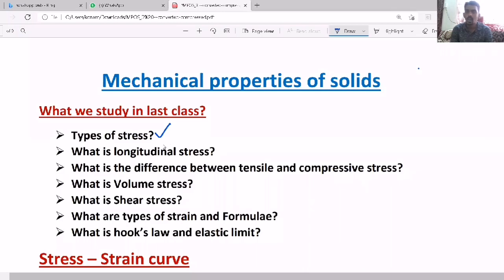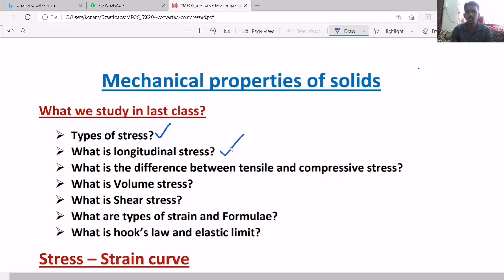But both are nothing but longitudinal stress, which causes change in length, and the corresponding strain is also there. So the three types of stress are longitudinal stress, volume stress and shear stress, and longitudinal is again two types, as we have studied.